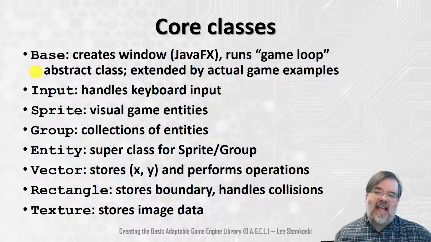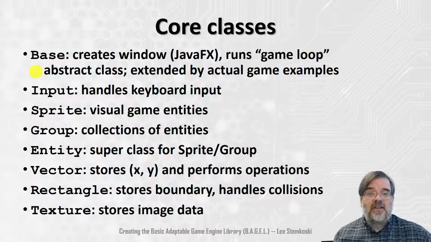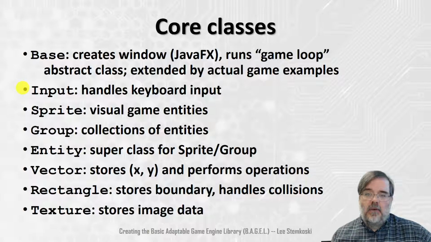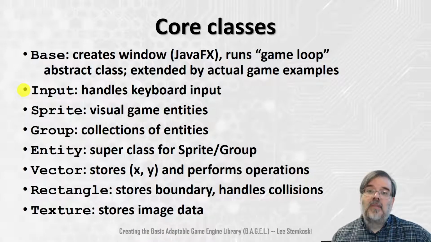We'll think of it as an abstract class, and the base class will be extended for the actual games we create. Now, any game should be interactive, and all the interactivity will be handled by a class named input. In particular, we're going to focus on keyboard input in these games.